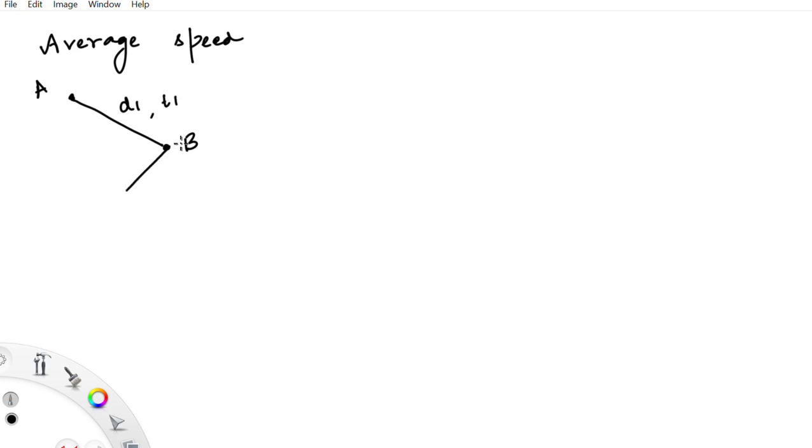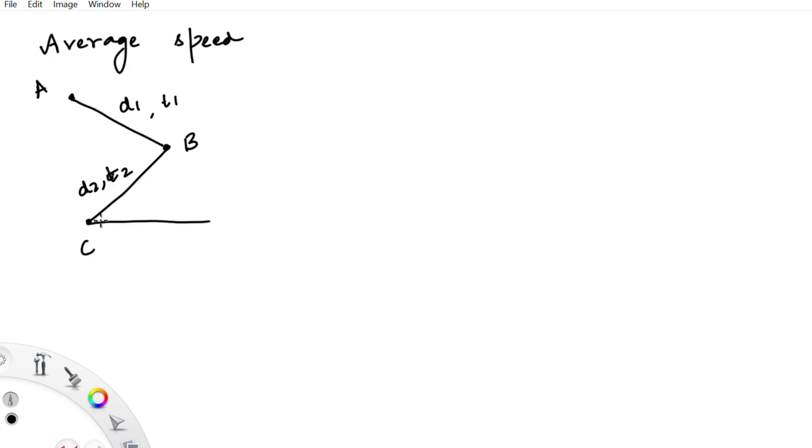I hope that's clear. Now let us move to two very interesting concepts: average speed and velocity. So average speed, let's try to understand this concept with a very easy example. Let us say I start from point A and I cover a distance of d1 and it takes some time t1. Then from B I move to a point C, distance is d2, time is t2.